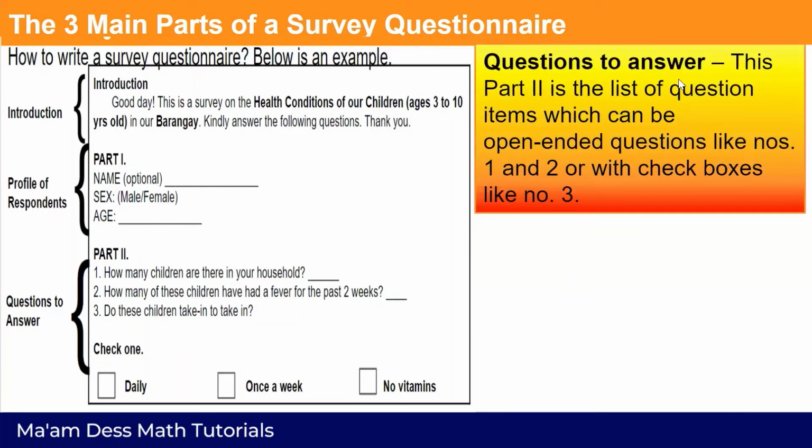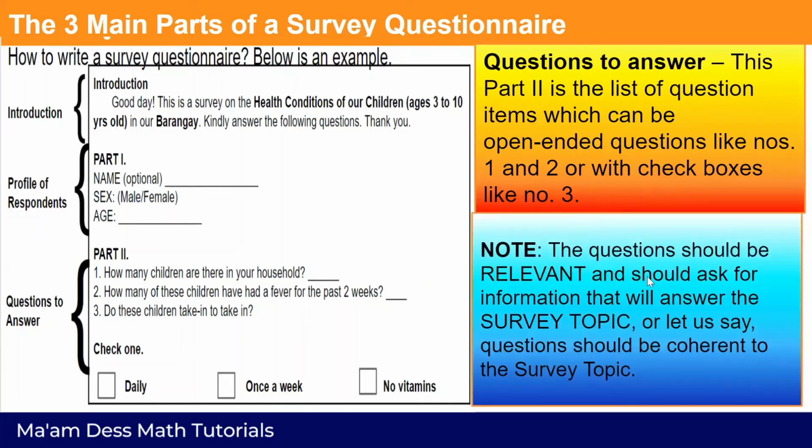Next, questions to answer. This part 2 is the list of question items which can be open-ended questions like numbers 1 and 2 or a checkbox like number 3. So, open-ended, ibig sabihin, depende yan kung ano yung isasagot ng ating respondents.